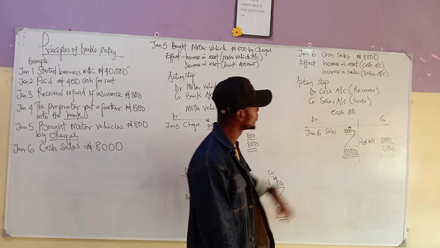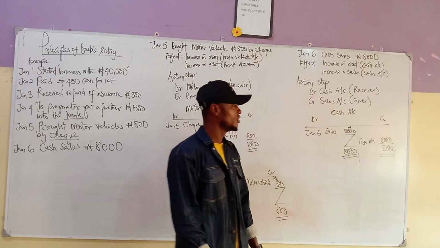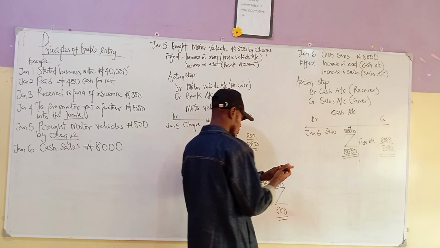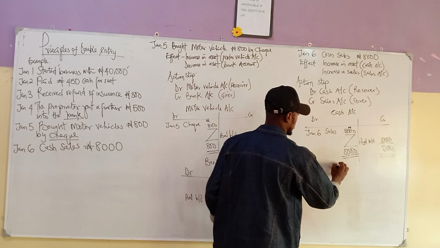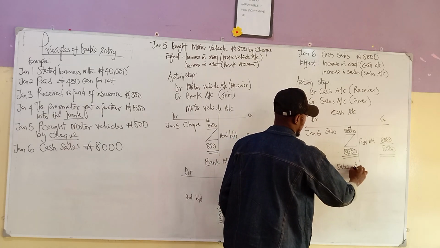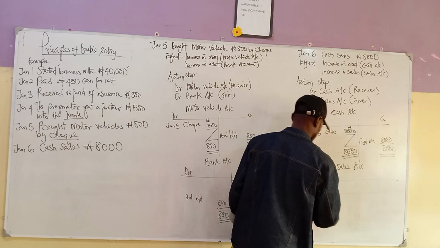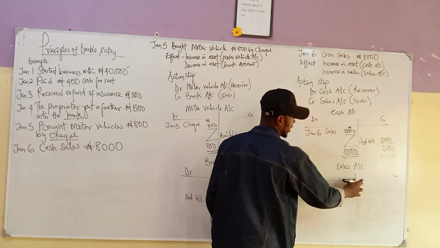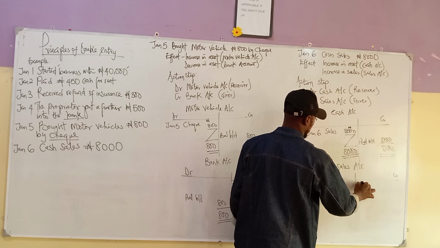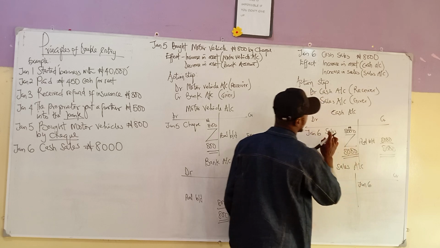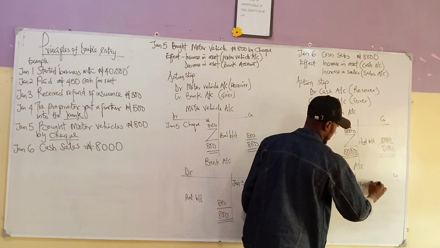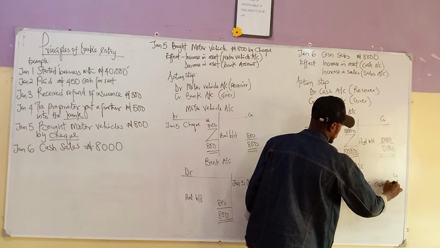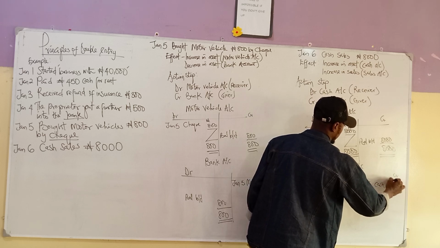Good. Now, under the sales account, I believe you know your posting already if you look at it. Then here we say sales account. Debit, credit, goes to the credit side. So I have January 6th, and what happened? What did we receive? Cash under the sales to the tune of 8,000 naira.